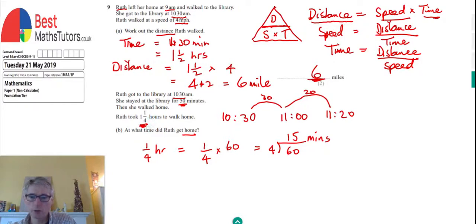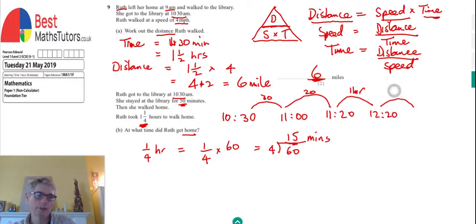So we can say 1.25 hours means starting at 11:20, we're going to go first of all for 1 hour. And so that's going to make it go from 11:20 to 12:20. And then we're going to do another 15 minutes on top of that.